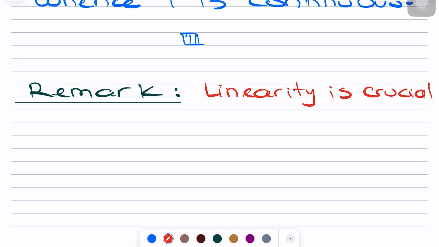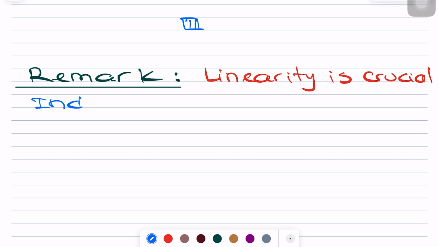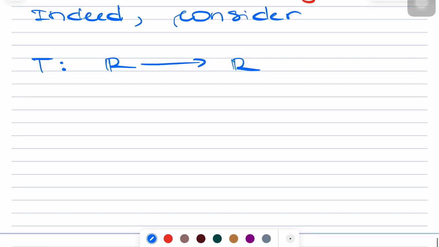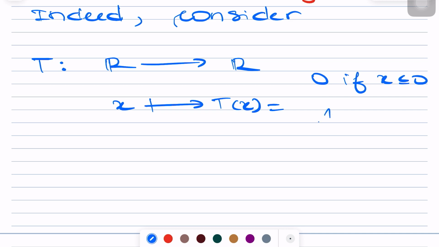Indeed, consider the following map: the operator defined from R to R which maps x to T of x, equal to 0 if x is less or equal than 0, and 1 over x otherwise.